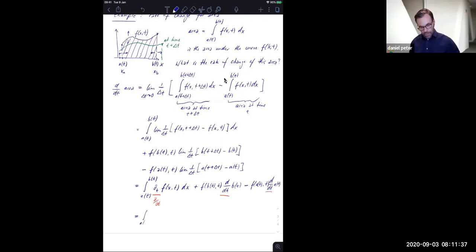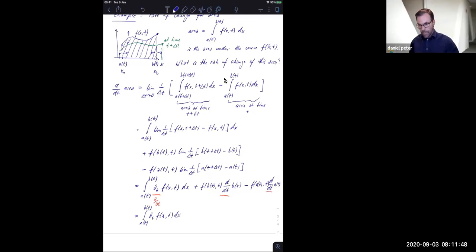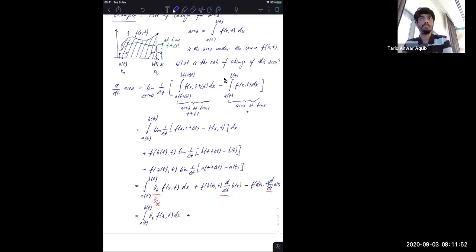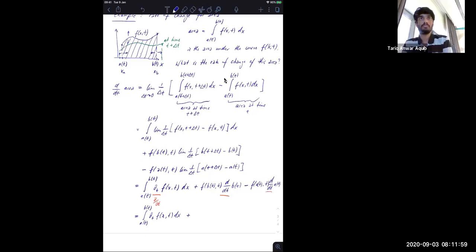Let's keep the first integral like it is, the partial derivative of the curve, f of x of t. And then again, we can write it a little bit different here.